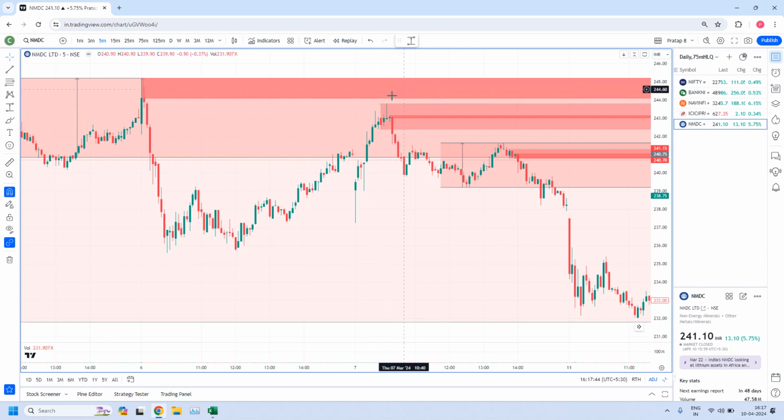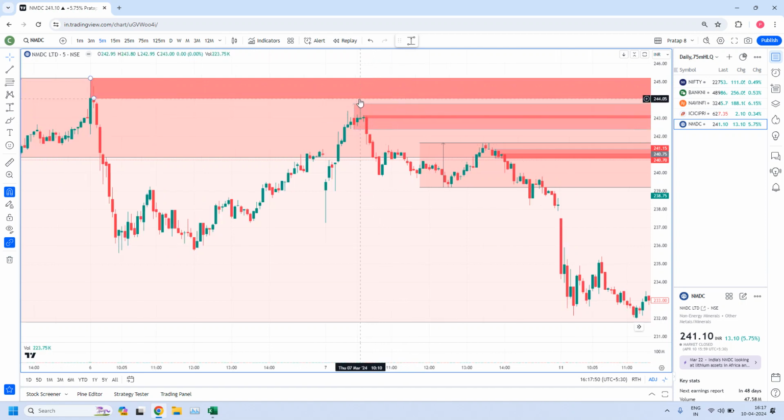So you can plan a trade from this. And moreover, rejection from this zone. See the rejection, and after that how prices came down. So all these points indicate that in this area, just above where the rejection started, there will be strong order flow. So definitely we can plan a trade in this zone.